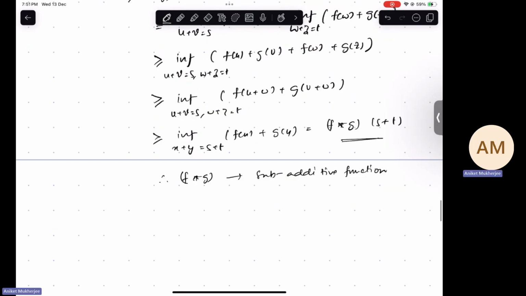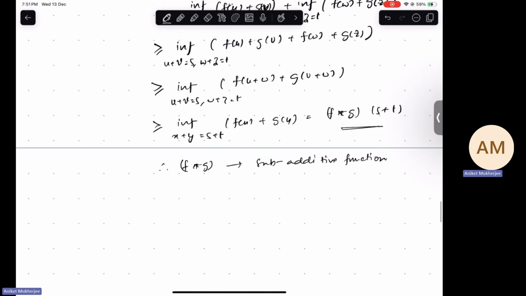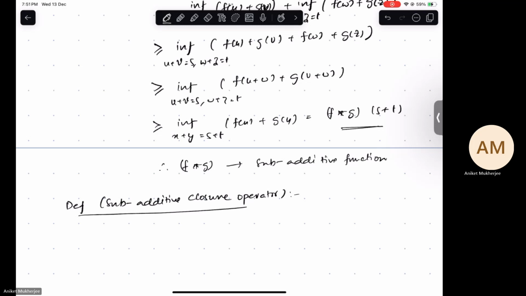So today we'll define subadditive closure and then we'll stop for today. Then we will come and see some properties of subadditive closure. Okay. So, definition of subadditive closure operator. Right.